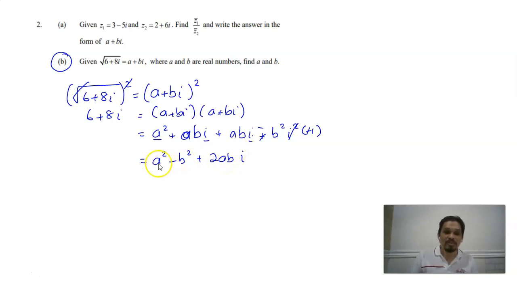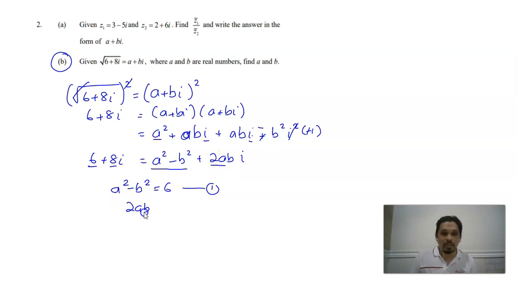And we compare this with the question here, 6 plus 8i. So a squared minus b squared equal to 6, equation 1. And 8 with the i here equal to 2ab equal to 8, equation 2.